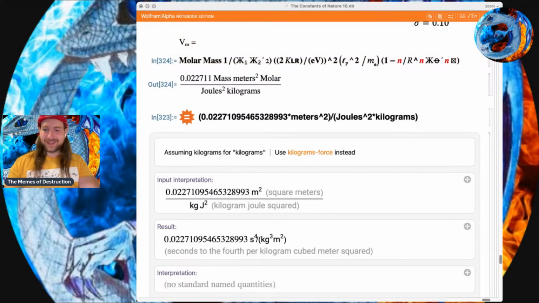Let's do mass, amount raised to the -1, because we can. Ooh, they do not like this. Oh, wait, no, I'm supposed to use kilogram. You need to use the right dimensions, come on. Kilogram.